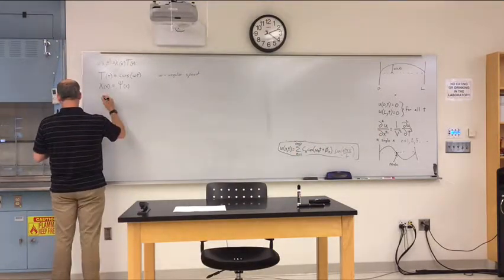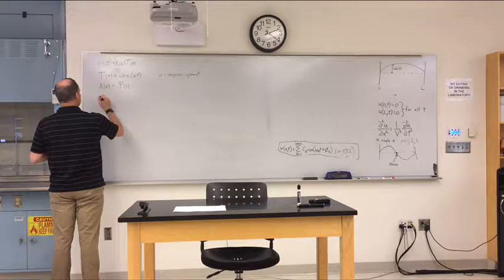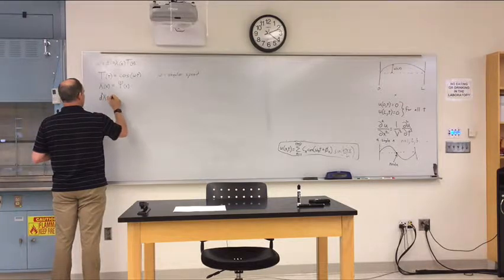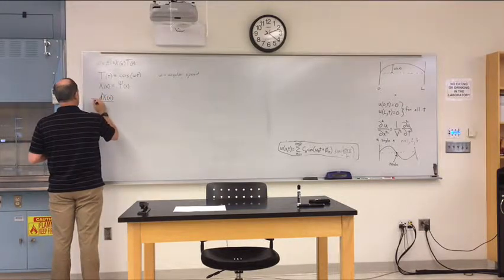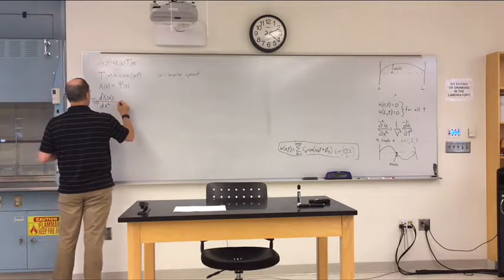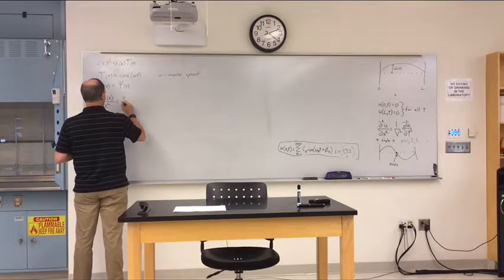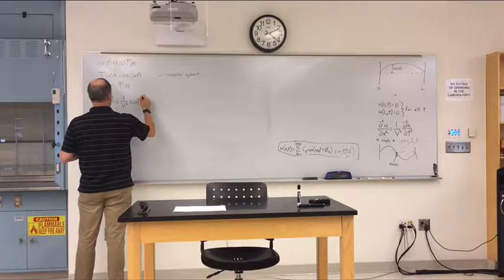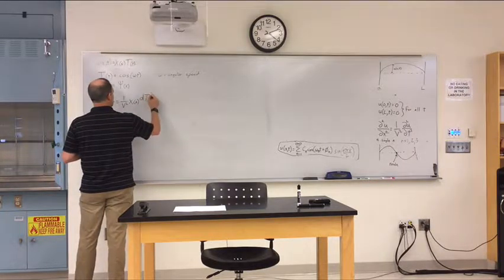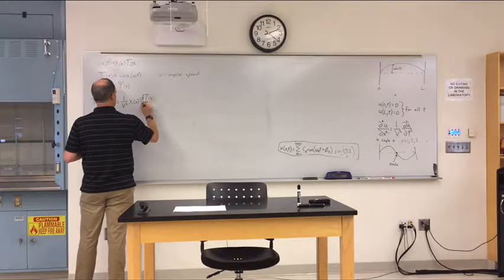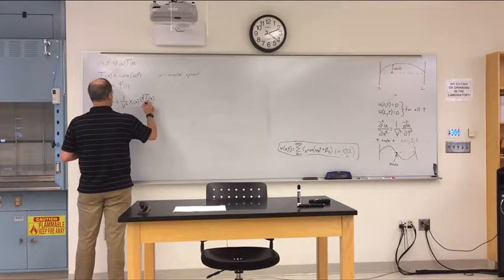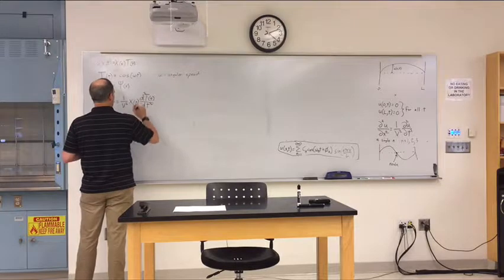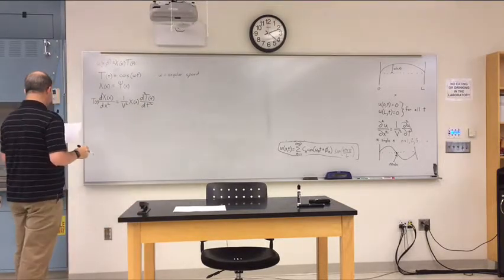We had before d squared X of x, T of t over dx squared equaling 1 over v squared, d squared X of x, T of t over dt squared.